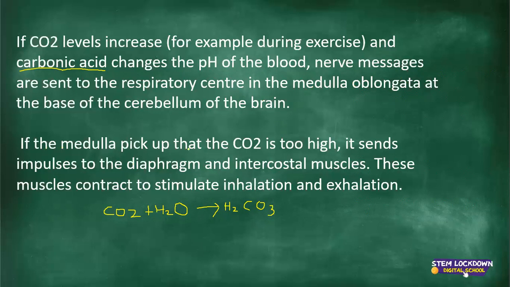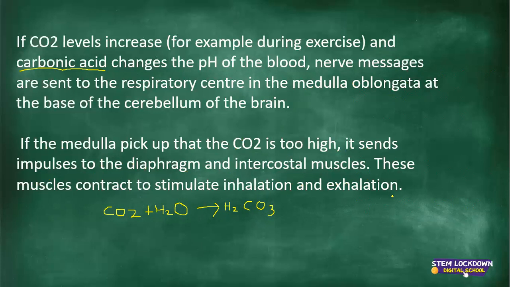Then the medulla oblongata will pick up that the carbon dioxide is too high. It will then send impulses to the diaphragm and the intercostal muscles. These muscles contract to stimulate inhalation and exhalation. We discussed these muscles yesterday. Remember when we discussed the intercostal muscles and the diaphragm?